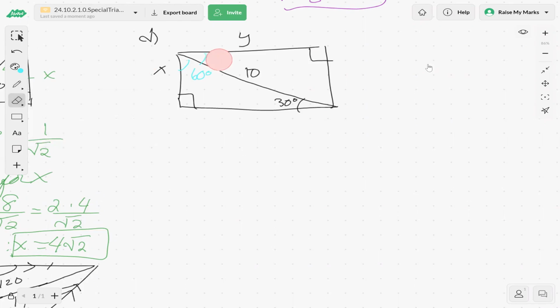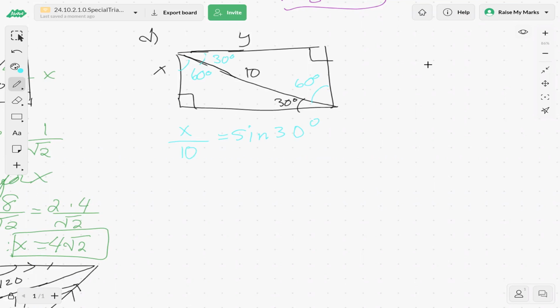Whoops. Making a mess here. Okay. 30, 60. Okay, so let's figure out x. Let's start with x. So how about sine 30 degrees equals opposite over hypotenuse, right?